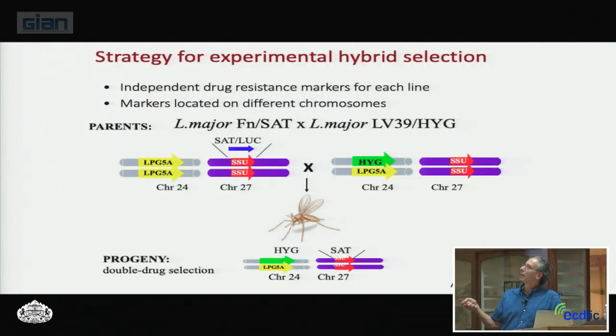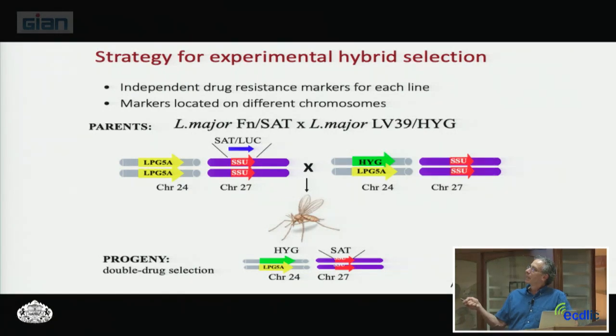This was the strategy for demonstrating the generation of experimental hybrids. We introduced independent drug resistance markers into two different lines of L. major. This is an L. major strain from Israel, and this is an L. major strain from southern Russia. They're both L. major, but they have a lot of different SNP polymorphisms, which we'll look at.